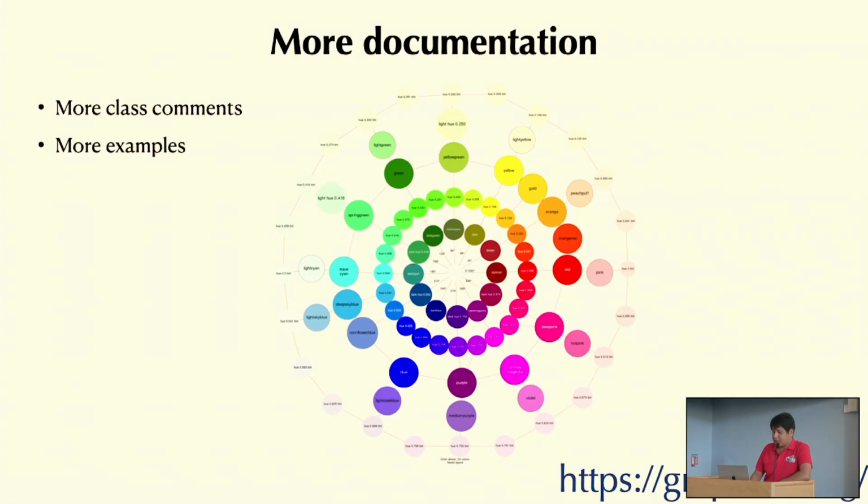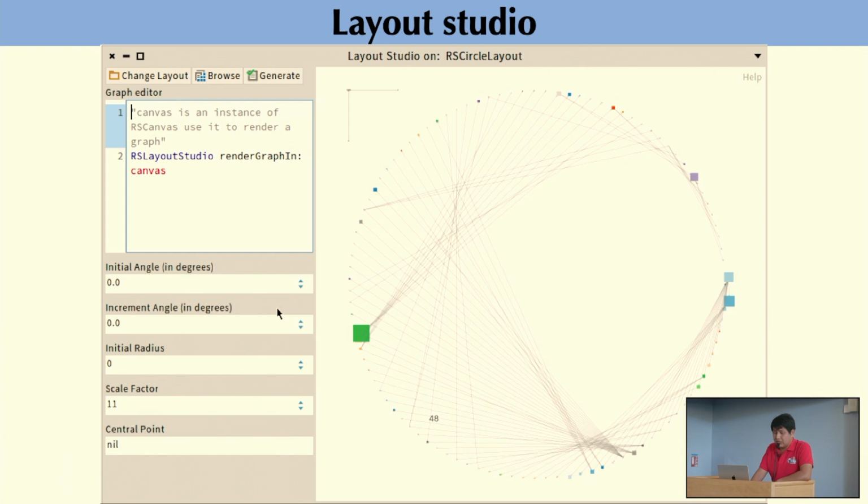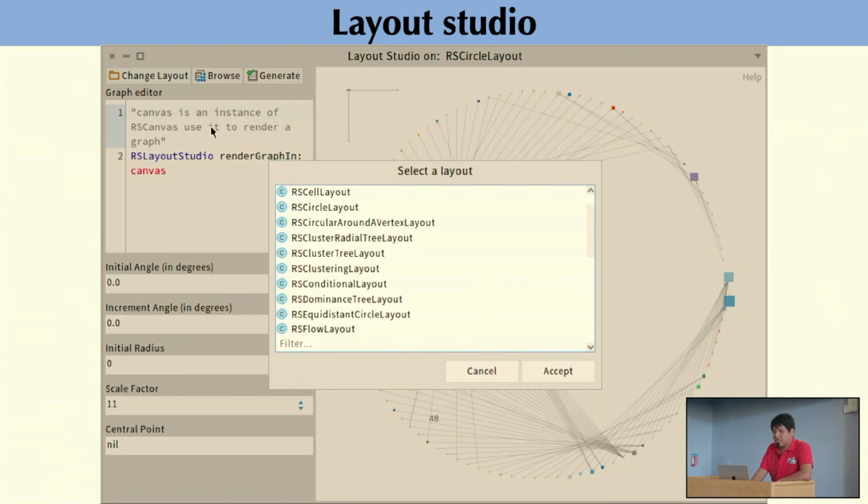And now for layouts, yes, we have more documentation and more examples. It's pretty hard to show that in a presentation, but I have been working a lot to put in more tests and documentation so you can use the different kinds of layouts we have. Also, I have been working on this tool, a layout studio. The idea is similar to the Pyramid software: you have an object and you can start to manipulate the properties of this object.